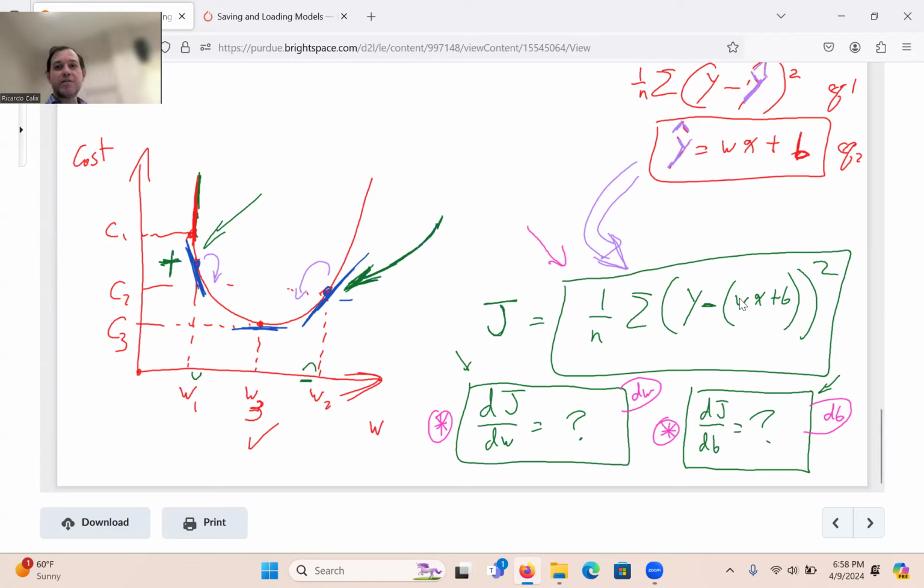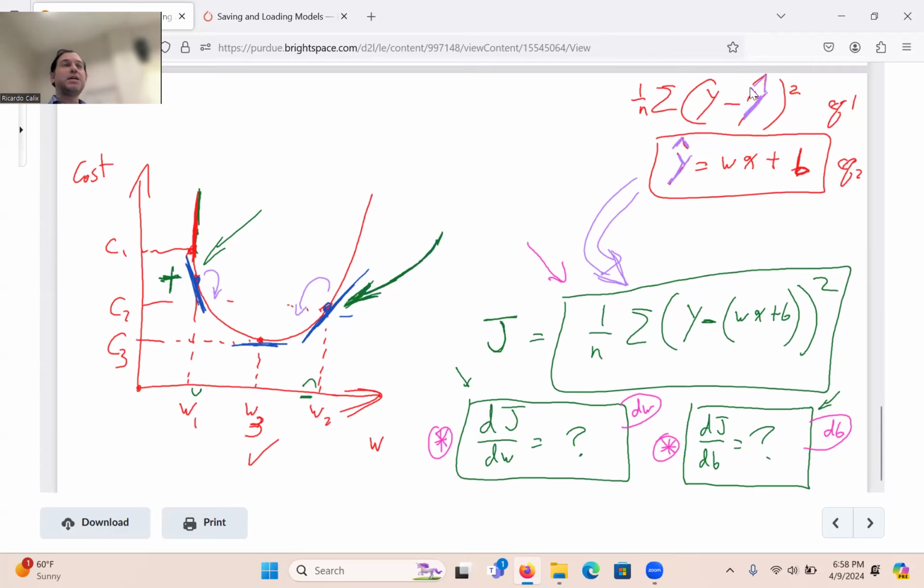When is this 0? When y equals y hat, which means when the real is equal to the predicted, which means you have a really good model. If you have a model with really great weights that produces a value that, when you compare it to the real, gives you 0, then you're done. You stop training and you're done. But when you have a loss that's bigger, like 4 or minus 4, it doesn't live here, right?